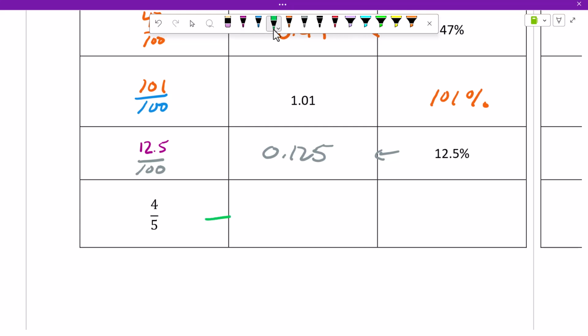What is that as a decimal? Carson. 0.8. What is that as a percentage? Maxim. 80%. We got to move it 2 spots. 1, 2. So you have to put the invisible 0 in. 80%. Okay.